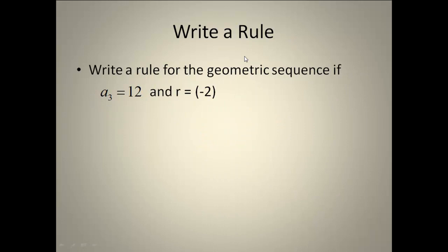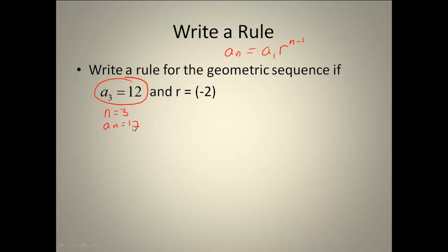Okay, now this one says write a rule for the geometric sequence if a sub 3 is 12 and r is equal to negative 2. So we're still going to be using that formula that a sub n is equal to a sub 1 times r to the n minus 1. Now this one's a little bit different because I don't know my a sub 1 value like I did before. But what I do know right here is that when n is equal to 3, a sub n is equal to 12.